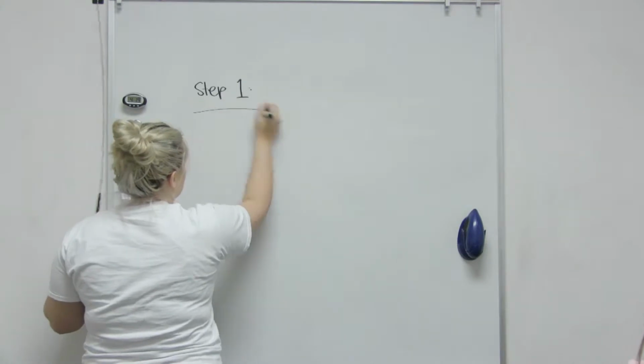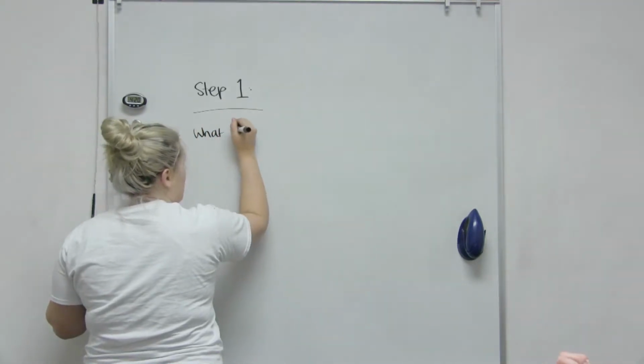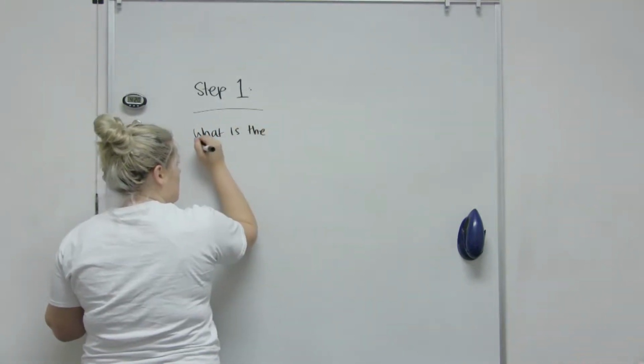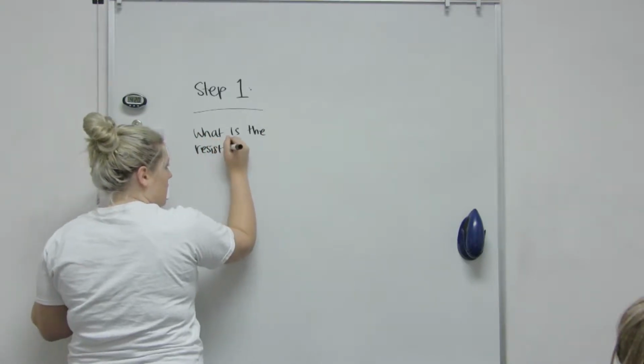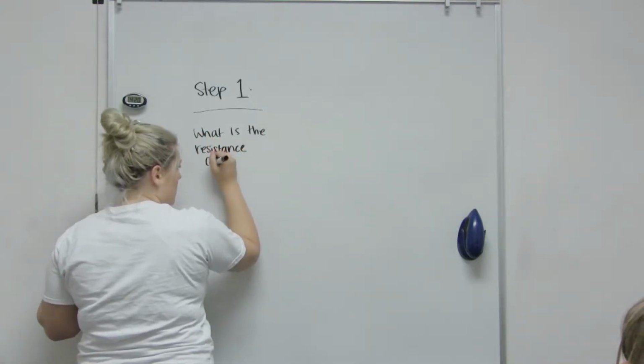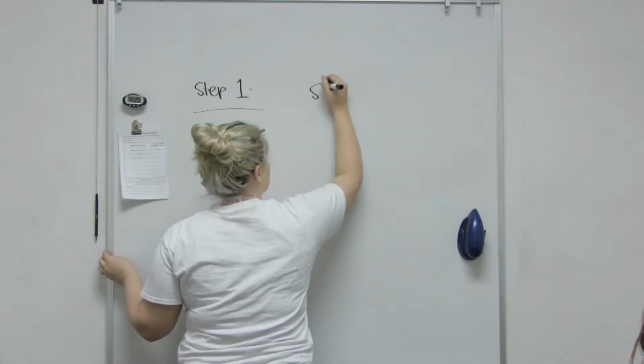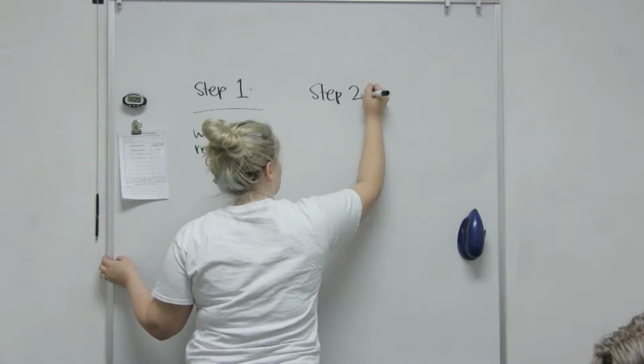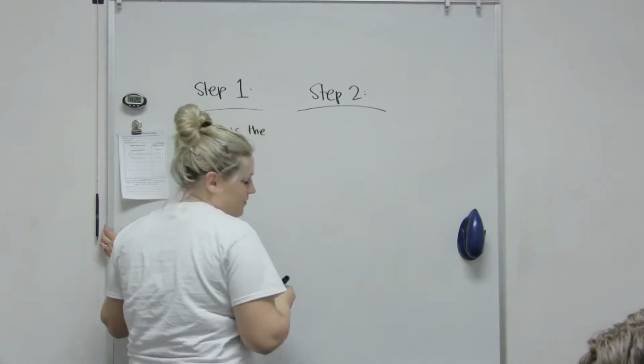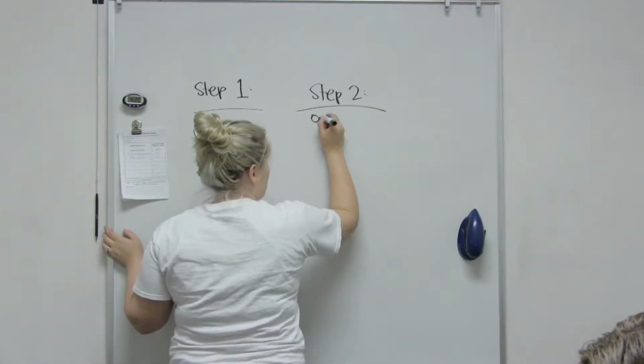So we're going to ask ourselves, what is the resistance causing? Then what's step 2? The opposite muscle group is involved.